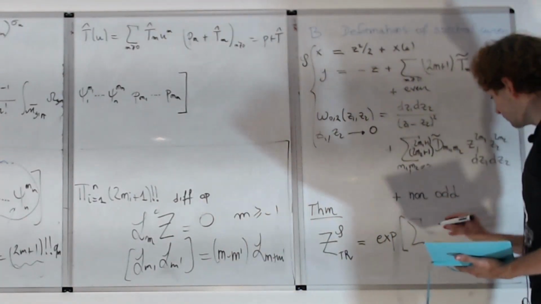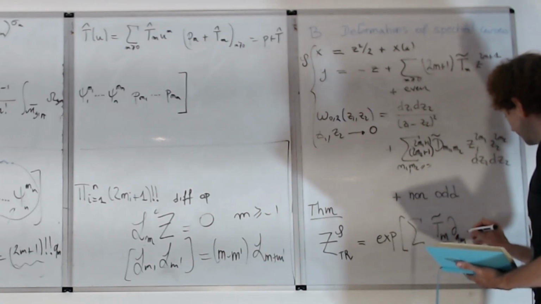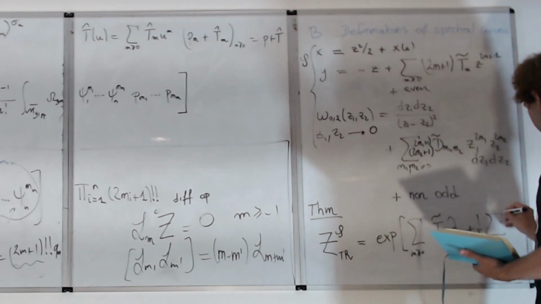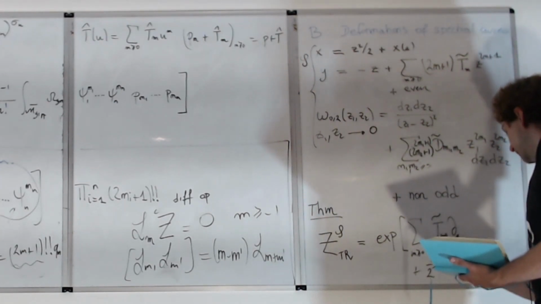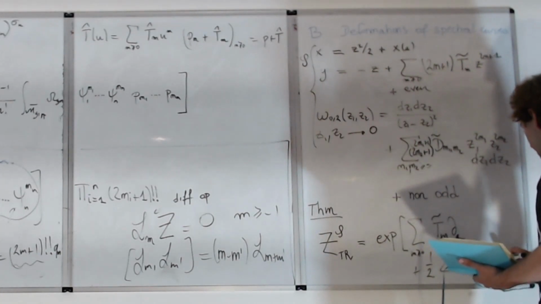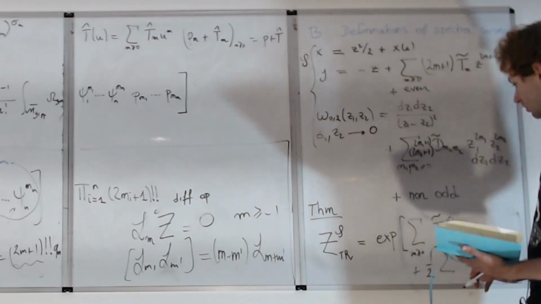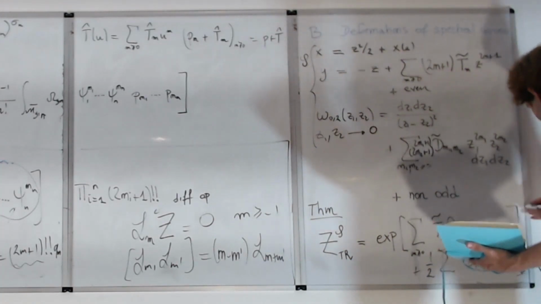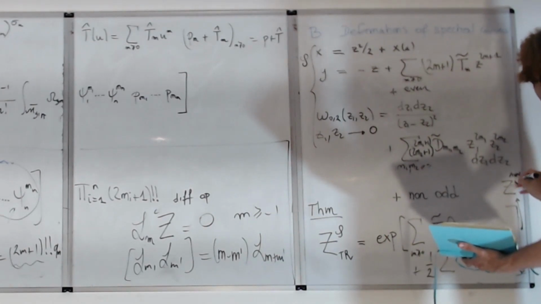And so here what you see is the t tilde m d q m plus 1/2 of the d tilde m1 m2 d q m1 d q m2. Okay. And this applied to the Airy curve.